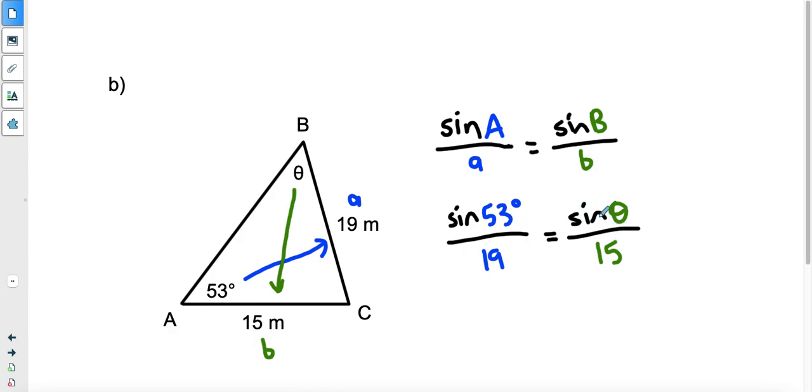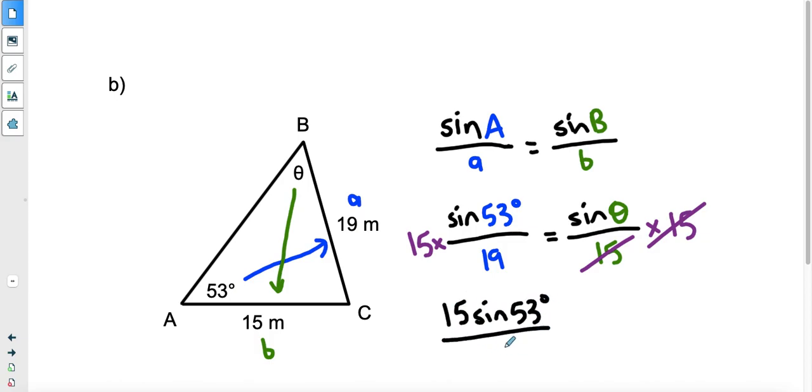Now, to find the missing angle, same thing as before, we need to use opposite operations. Since I'm dividing by 15, the opposite of dividing by 15 is multiplying by 15. So, I need to multiply both sides of my equation by 15. On this side, the 15s will cancel out. And I'm going to be left with 15 times sine of 53 degrees divided by 19 is equal to sine of our angle.